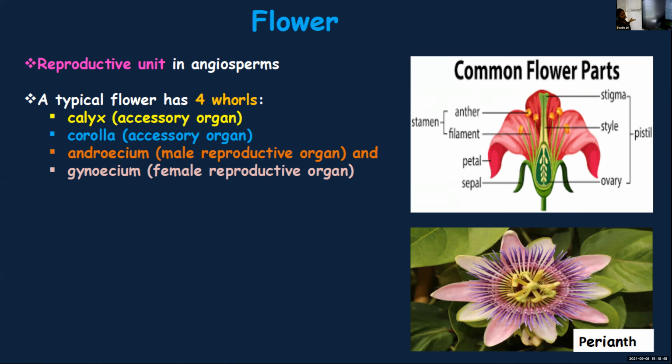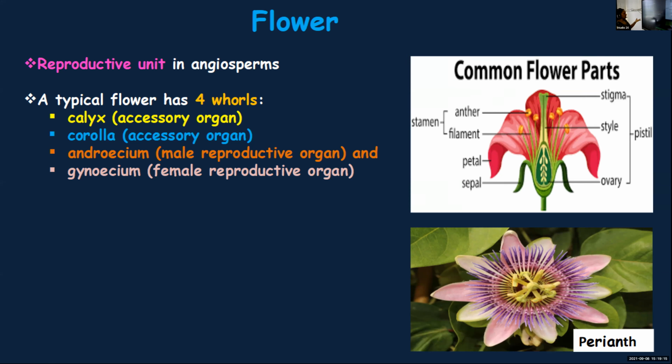Corolla is the colored part of the flower, the whorl including petals. Petals come under corolla, and both of them are known as accessory organs because they don't produce any gametes. Each one has a particular function, and the male reproductive and female reproductive organs are there. So along with that, these two are the accessory organs.